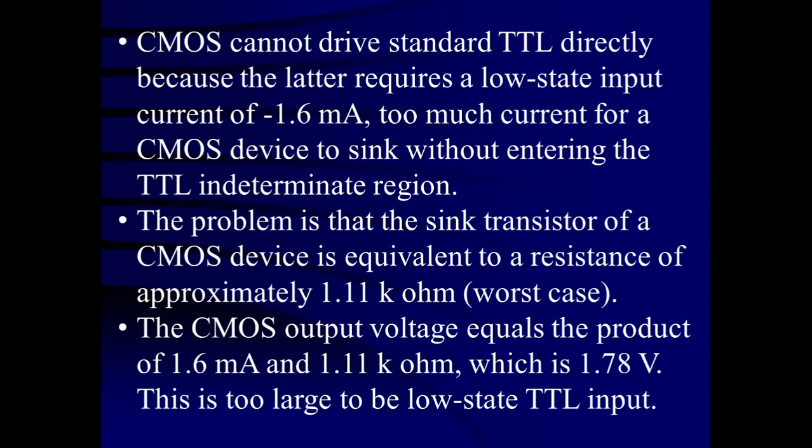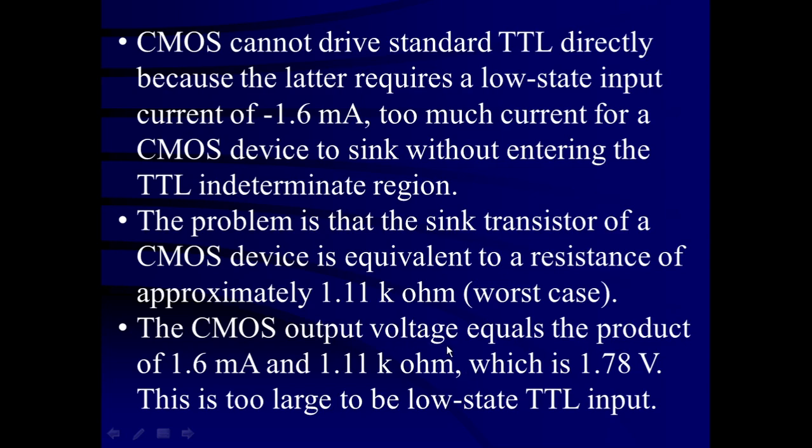What happens if it drives the standard TTL? In the worst case, the input current of the TTL will be 1.6 milliamperes, and that input current passes through the CMOS sink transistor. When the sink transistor is conducting, the voltage across the drain to the source is determined by the 1.11 kilo ohms equivalent resistance carrying 1.6 milliamperes.